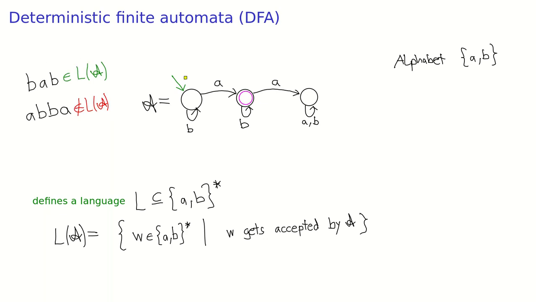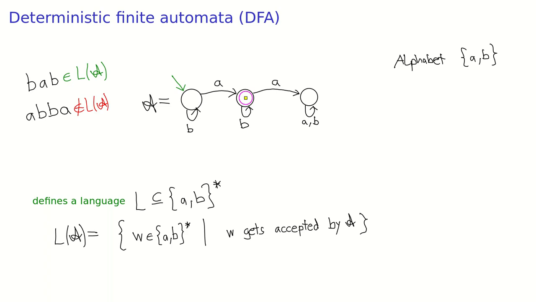Okay, and just for fun, let's take a moment and think what is the language that gets accepted by this finite automaton? How can we describe the set of strings that gets accepted? Well, we see here, as long as we read only B's, we will stay in this state, and this is not accepting. So if our word consists only of B's, we will reject.